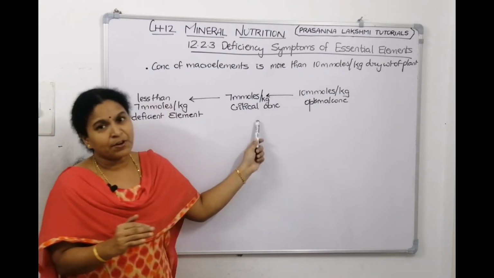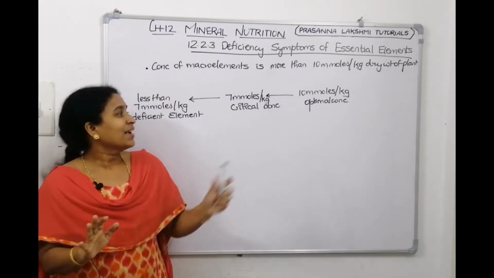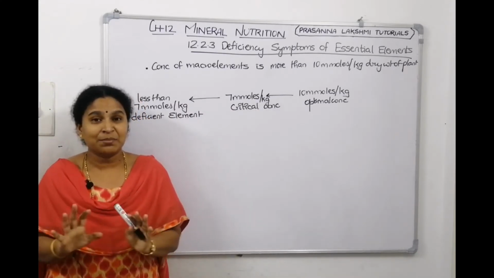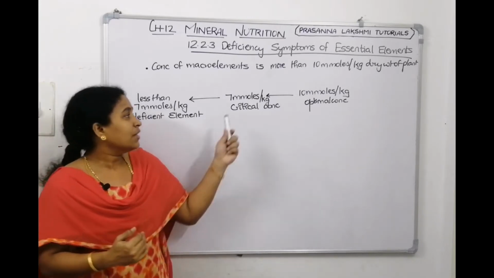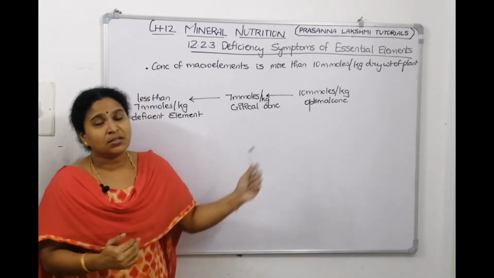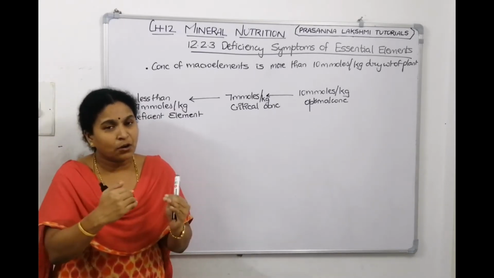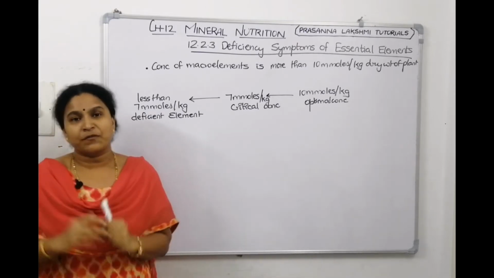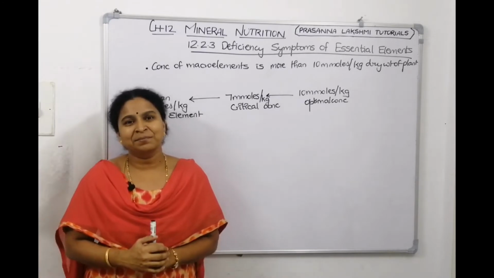From 10 to 7, if you go, it's okay. At 7 millimoles per kg, the plant will not show any deficiency symptoms. Somehow it will try to manage it. So that concentration is called critical concentration. And if you go below the critical concentration, then the plant will show deficiency symptoms. Understood, children? Is it clear?